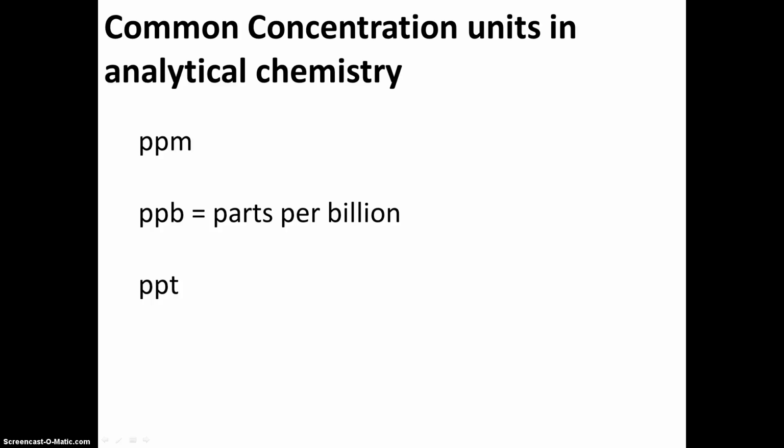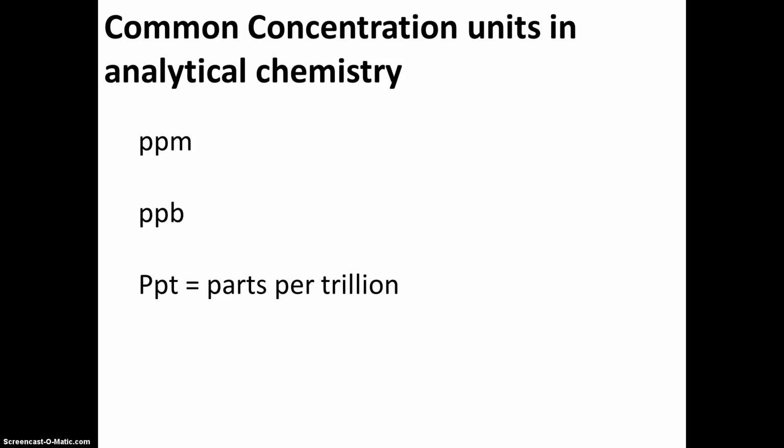All right, and then finally, parts per trillion. This one is just an extension of what we've seen before. In this case, we're dealing with 1 times 10 to the minus 12 grams per gram.